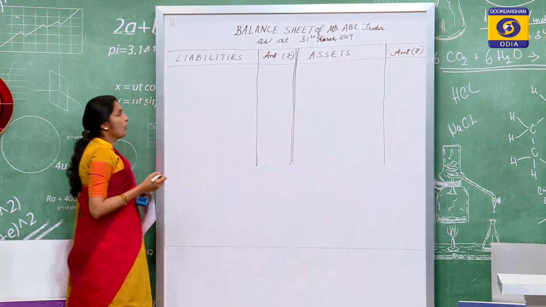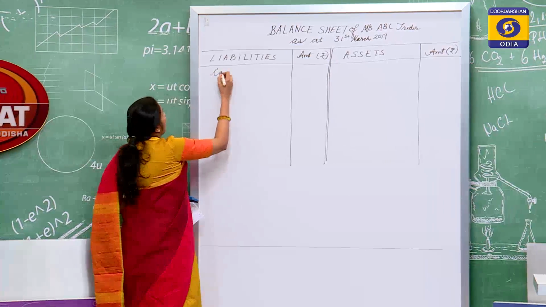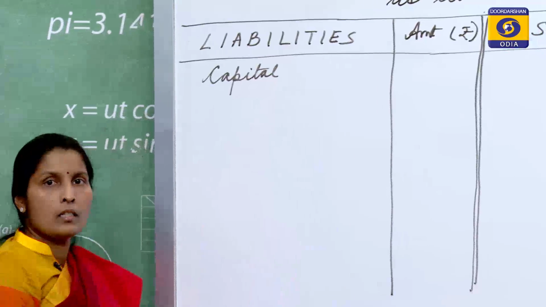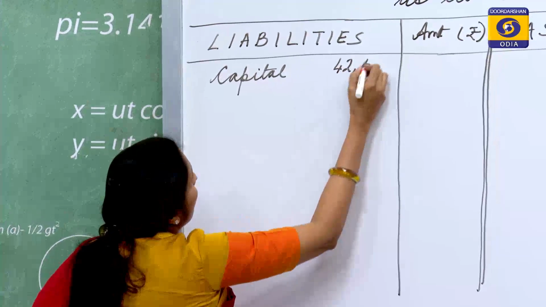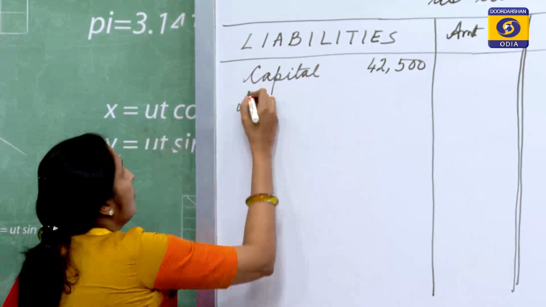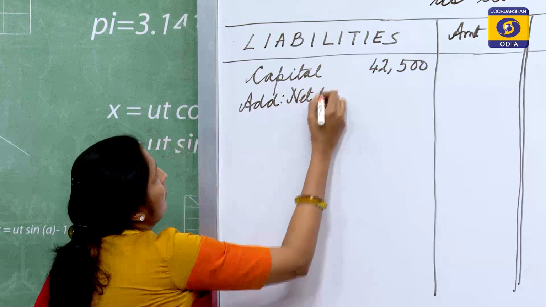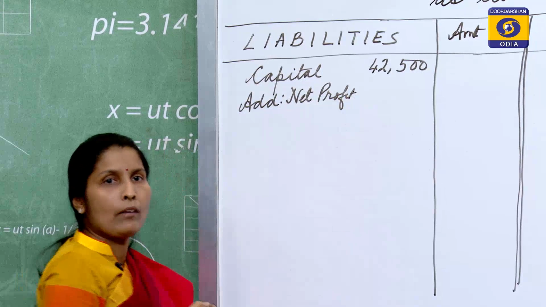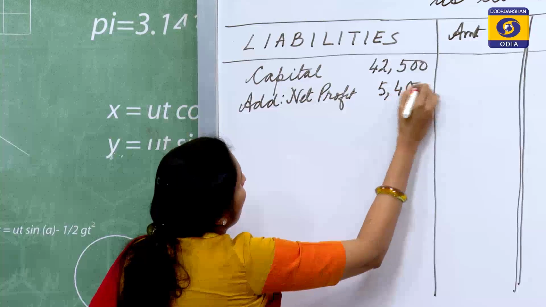So let's go ahead. We'll start with capital, liability side capital. Now capital given to us is 42,500. To that we will add net profit. So the net profit given to us is 5,400.